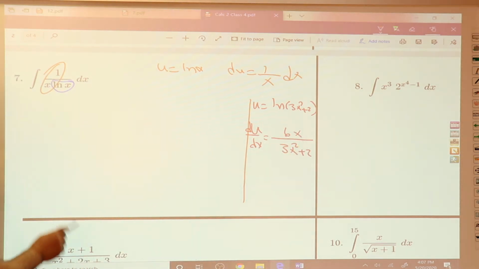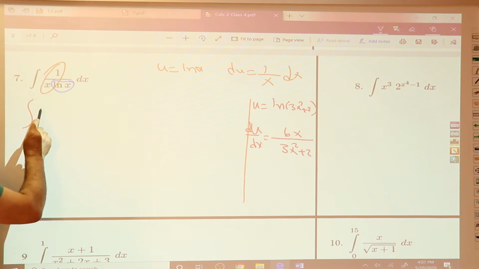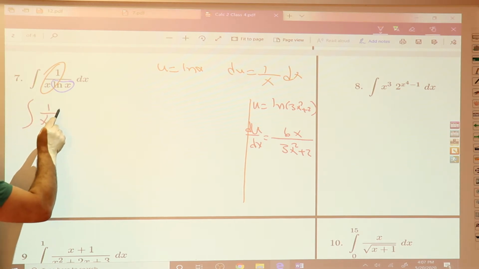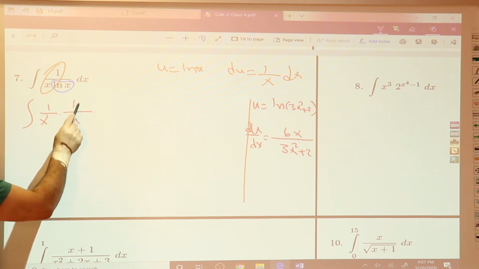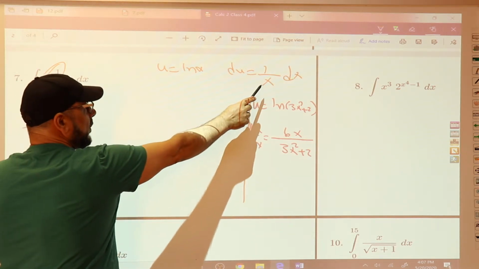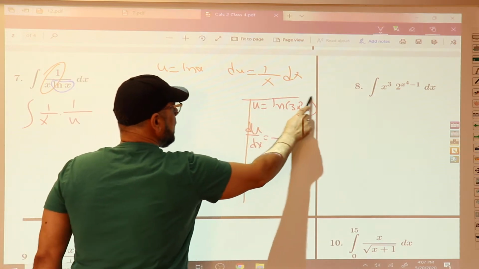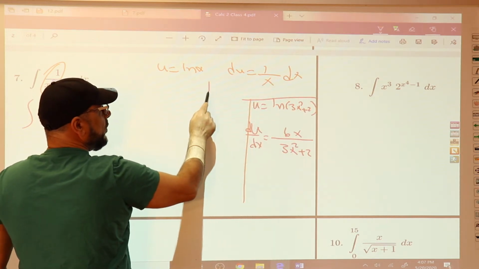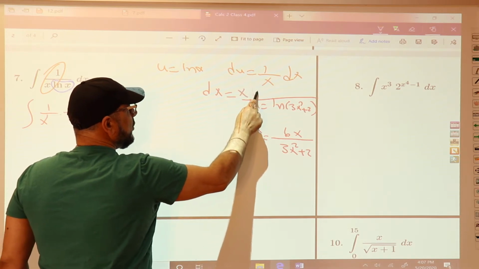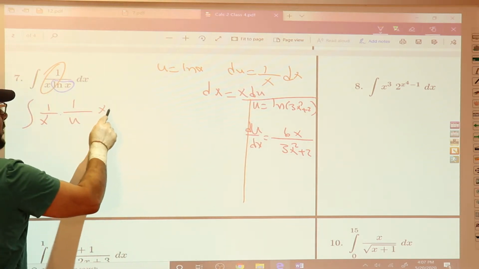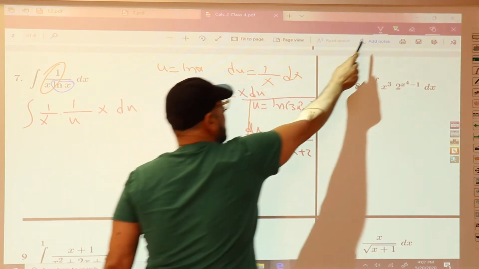Now here, integration of 1 over x, and this ln x is u, and dx, what does dx equal here? dx equal, cross multiply, x du. What do you notice here?